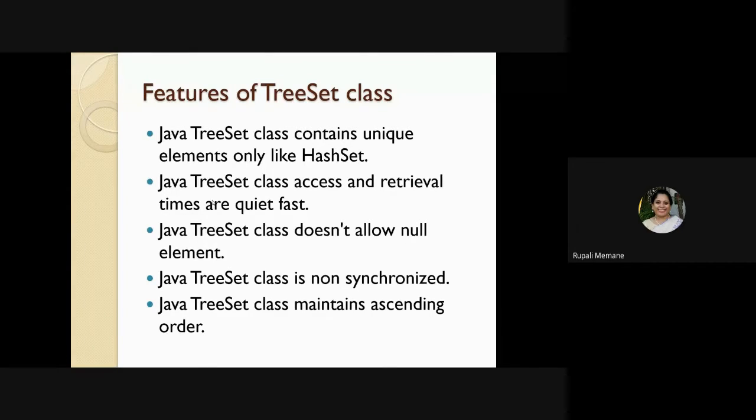So when I say vectors are synchronized and tree sets are not, that means tree sets can be accessed by two threads at a time. So I can do multitasking because two different threads are working and they don't have any correlation between them. But when I say synchronized, that means if one thread stops, the other has to start. Now a simple example I can give of this is, you have seen the traffic signal.